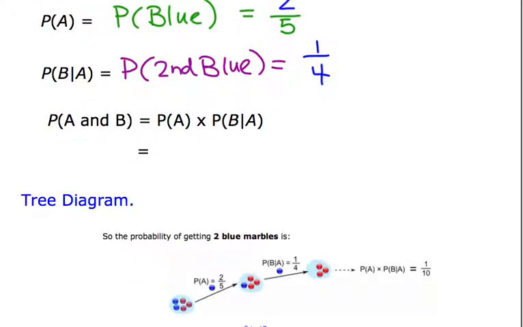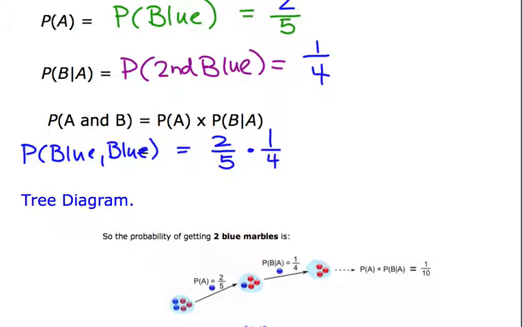So the probability of getting a blue and another blue marble is the probability of A, getting that first marble, times the probability of getting another blue marble given that we already got 1. So go ahead and multiply across. 2 out of 20, and reduce it to 1/10.